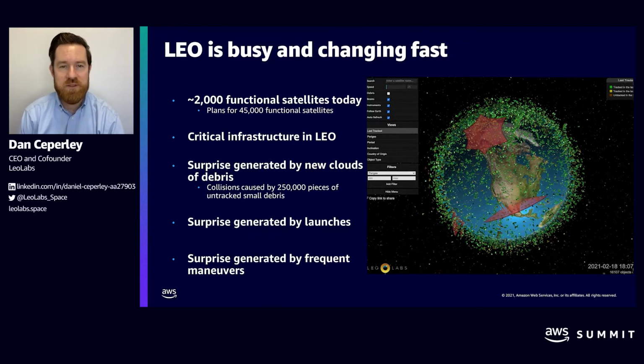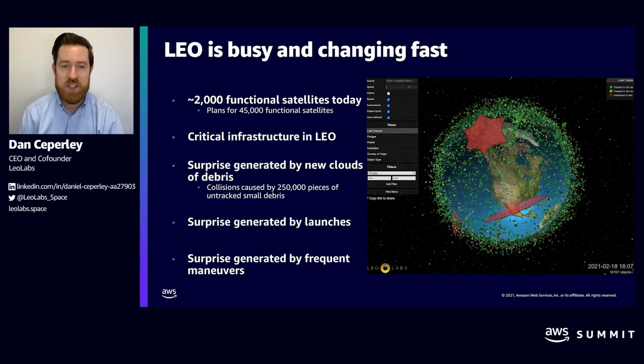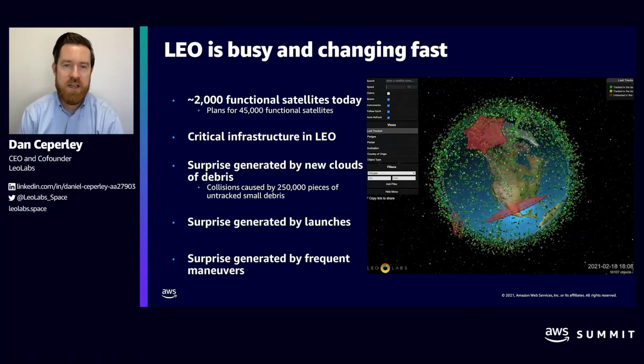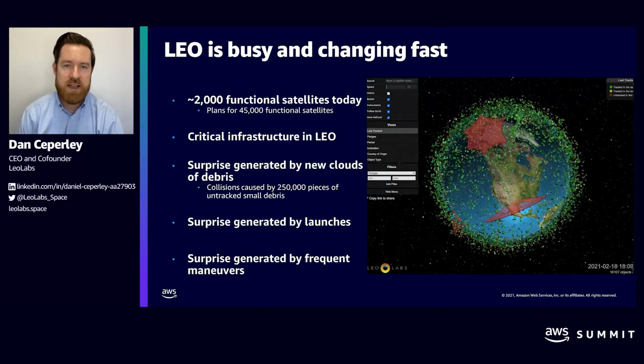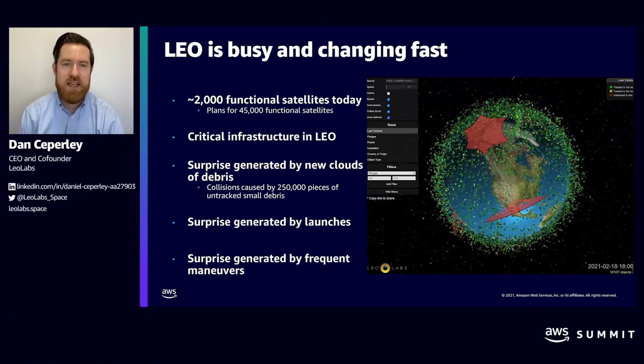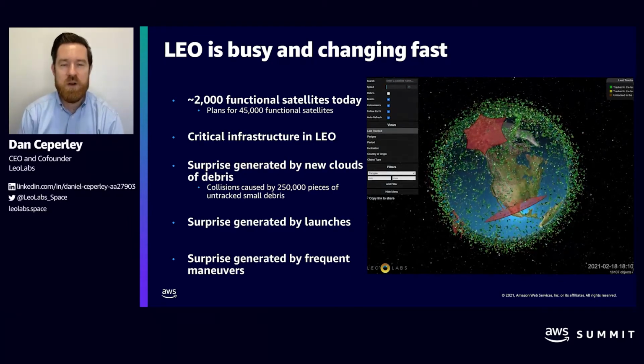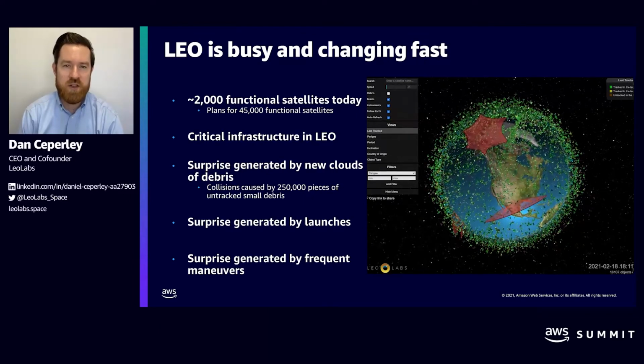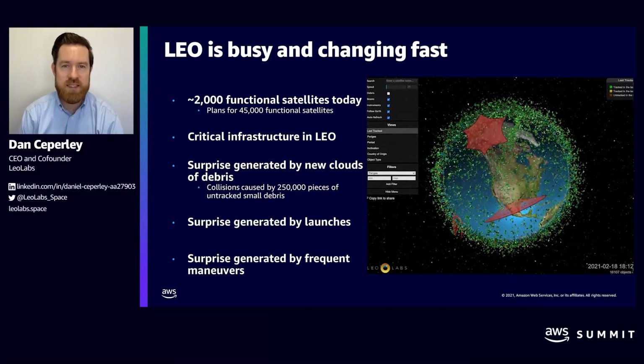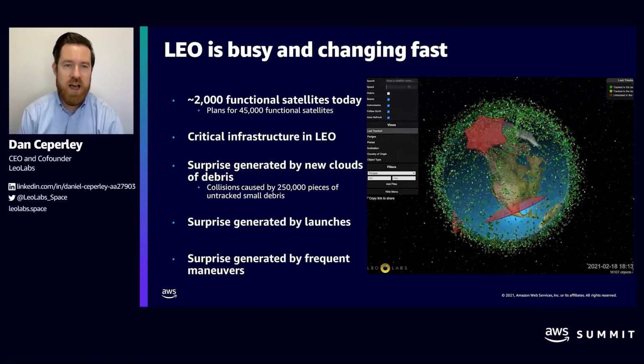So mapping services like the images you see in mapping applications, and airplane and ship tracking, and soon broadband internet access are all delivered by satellites and fleets of satellites in low Earth orbit. So low Earth orbit is being filled with critical assets for businesses around the world.